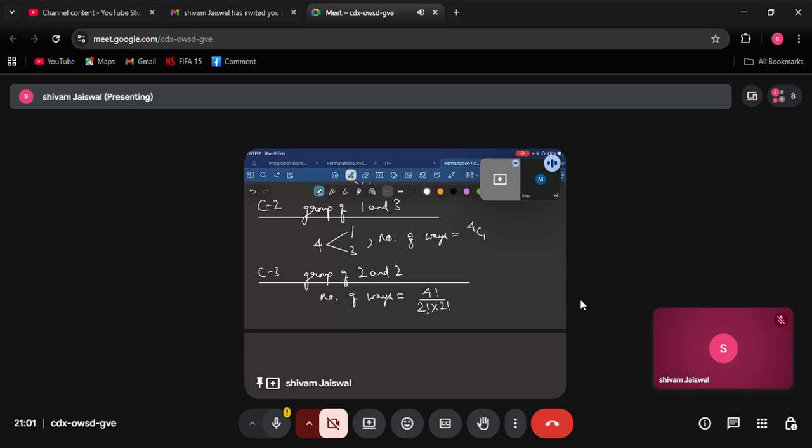Samita, what do you think? Whatever they have said, number of ways to form two groups out of 4 people, each of strength 2 and 2. So was the previous answer 4C2 correct? Sir, will it be 4C2 into 1 by 2 factorial?